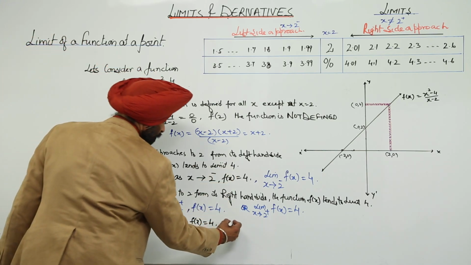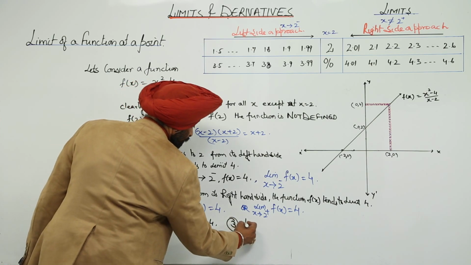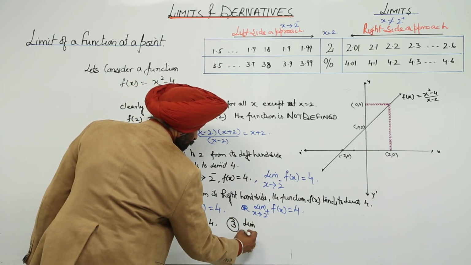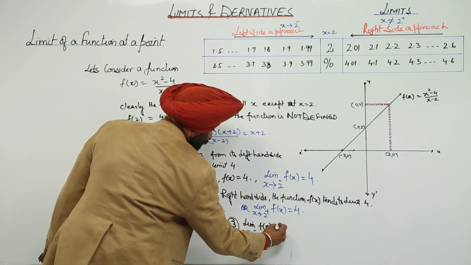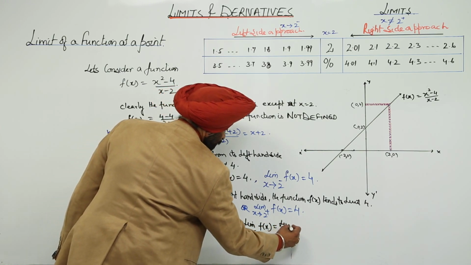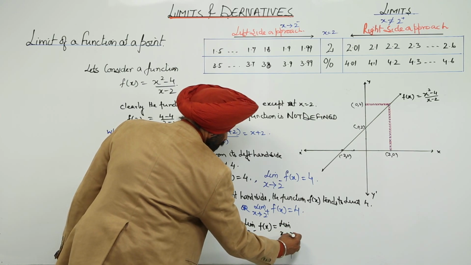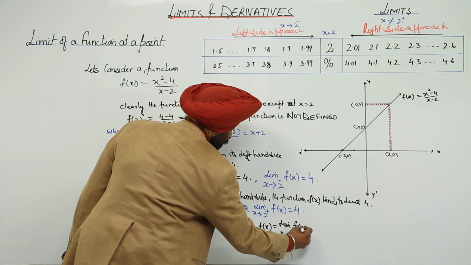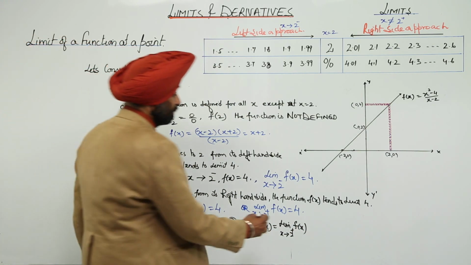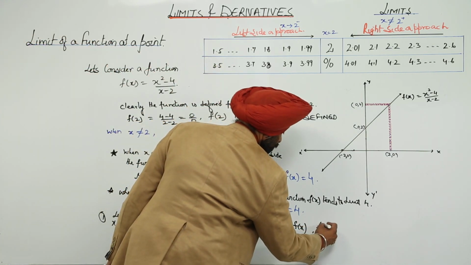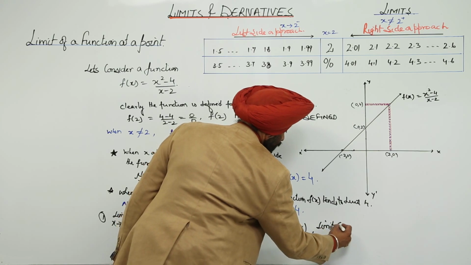Number three, limit as x approaches 2 from the left hand is equal to limit as x approaches 2 from the right hand. Both are the same. When both are the same, then the limit exists.